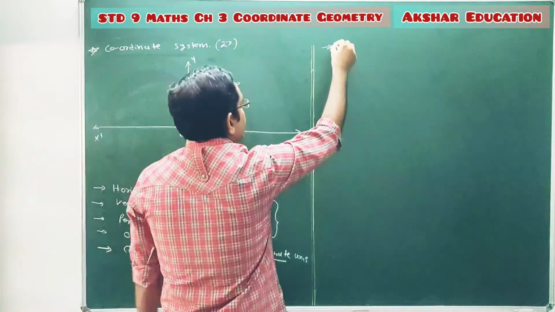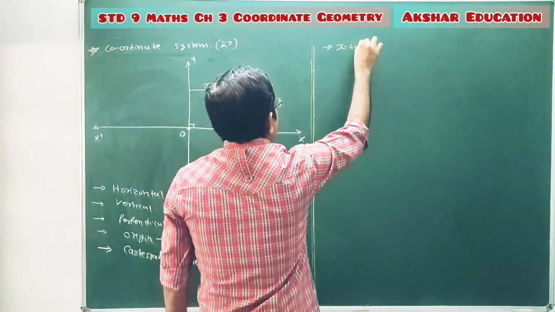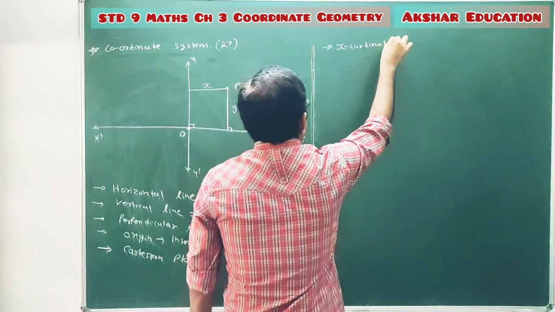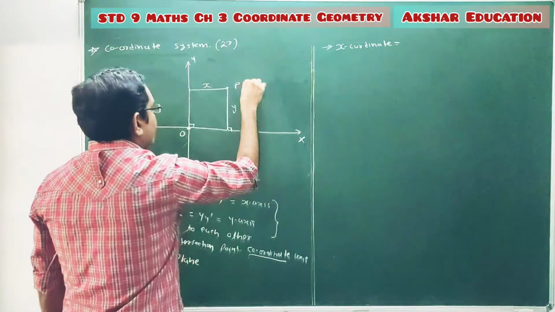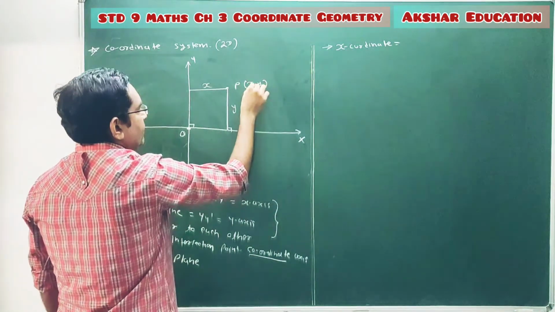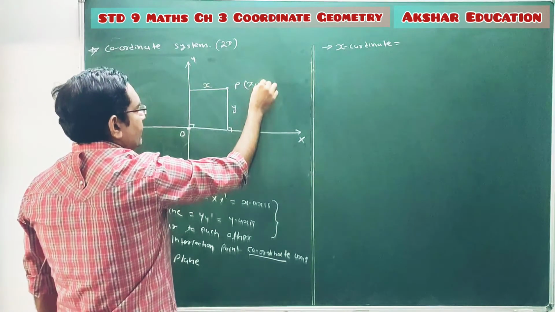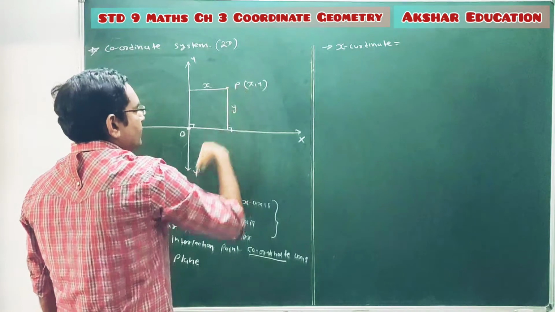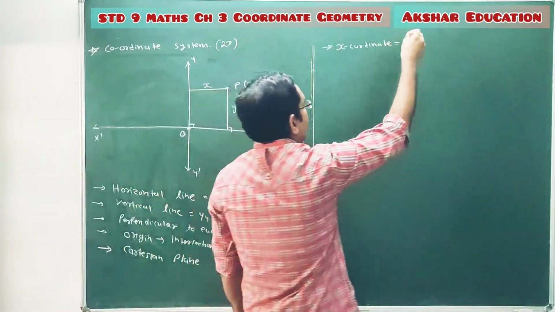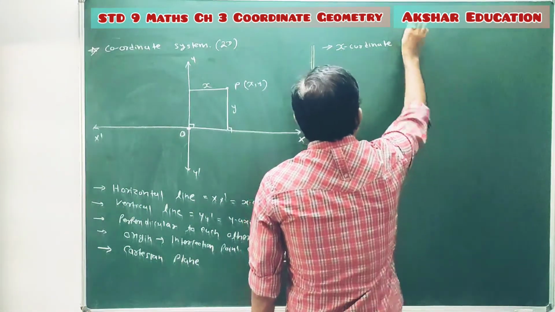So here we describe the x coordinate. What is the x coordinate? The location of this point P is x comma y. The x coordinate gives the distance of point P from the y-axis, and the y coordinate gives the distance of the point from the x-axis. The x coordinate is also known as abscissa.